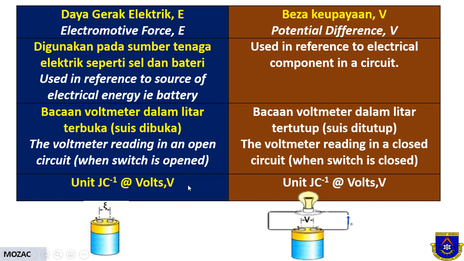Both have the same unit, that is joule per coulomb or volts, V. For EMF we talk only about the battery. Potential difference must involve electric components such as a bulb or motor.